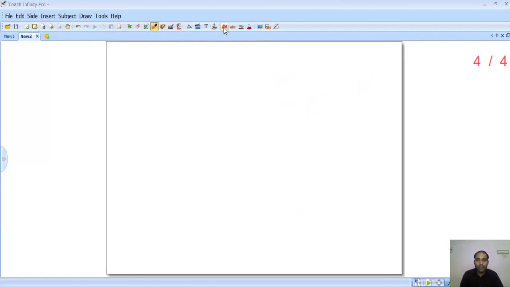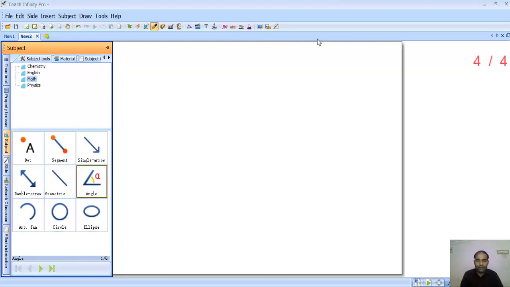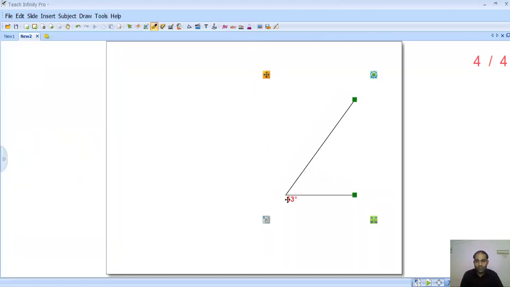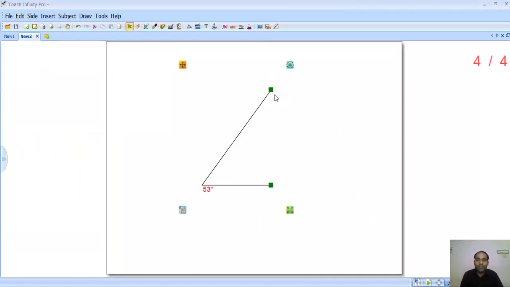Okay. Now let me take an angle again. Now, as I told you, all the angles which come at this side will be less than 90-degree angle.